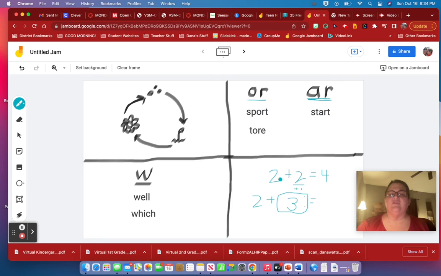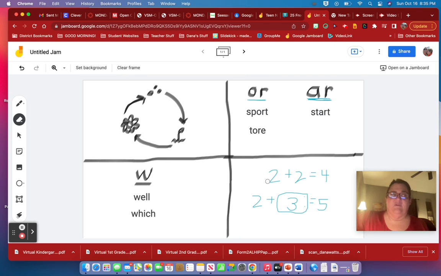So if you can solve 2 plus 2 is 4, then 2 plus 3 is, if 3 is 1 more than 2, then what's 1 more than 4? 1 more than 4 is 5. So I want you to write that in that last box. Write 2 plus 2 is 4. That's a doubles fact. And so a doubles plus 1 would be 2 plus 3 is 5. And you're going to write those 2 equations in your last square or box.